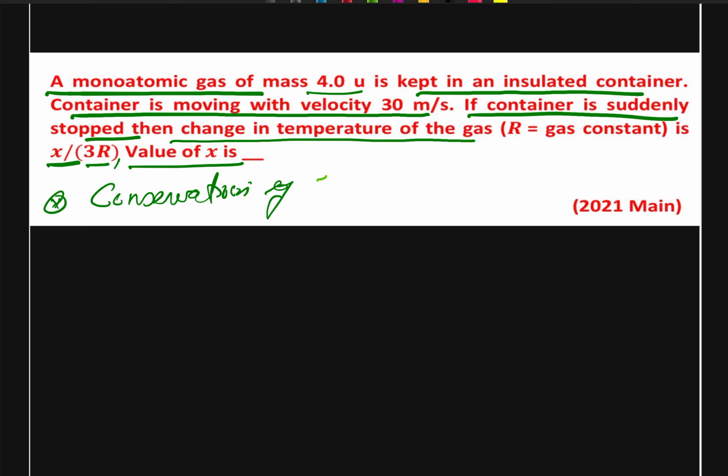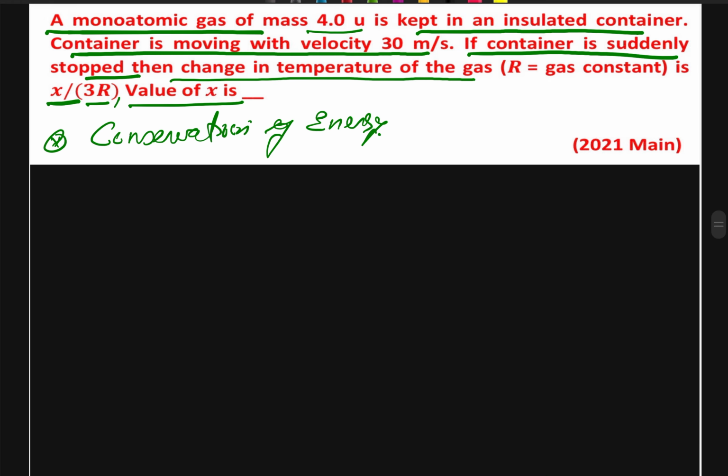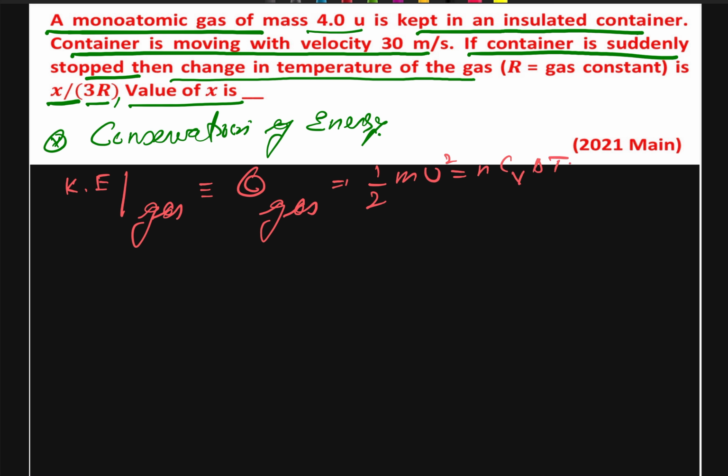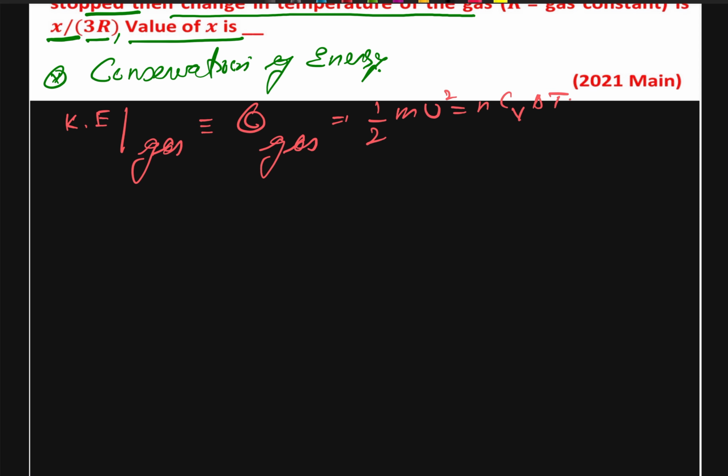Therefore we can say that the kinetic energy of the gas will be equal to the heat for our gas. We get this as 1 by 2 mv square is equal to n C of V times delta T. We have to find out the change in temperature, that is delta T.